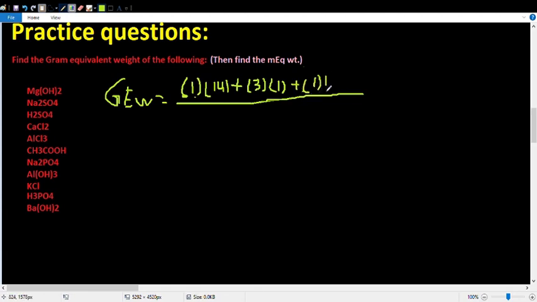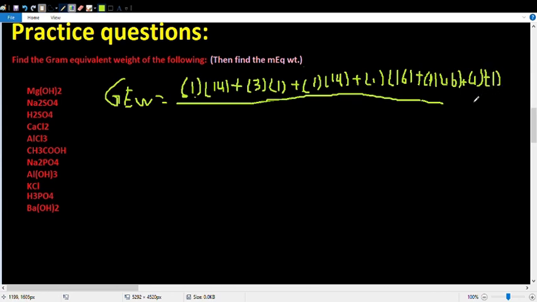Tapos yung carbon na yan is 14 yung molecular weight niya. Then plus the O, oxygen, which is 1 here. Tapos 16 yung molecular weight niya. Tapos oxygen na naman, which is 1, times na naman ng 16. Then H naman, plus yung H, which is 1, times 1.